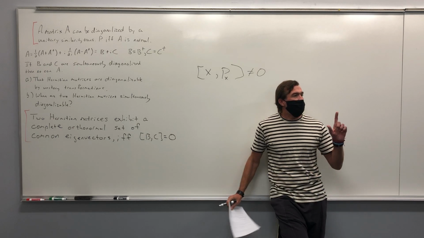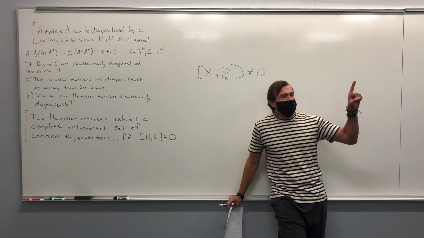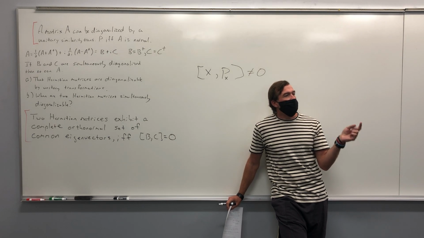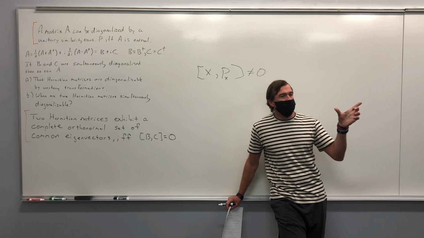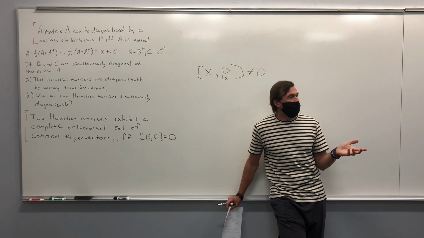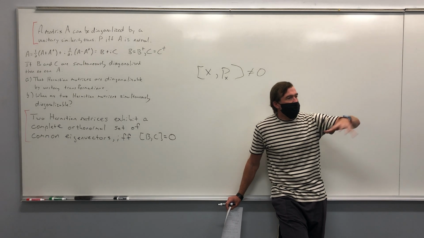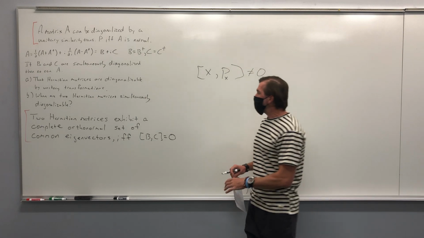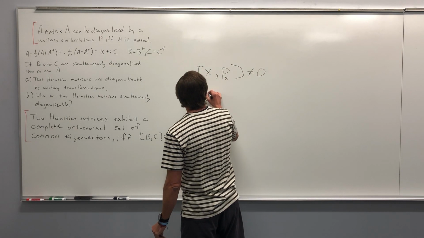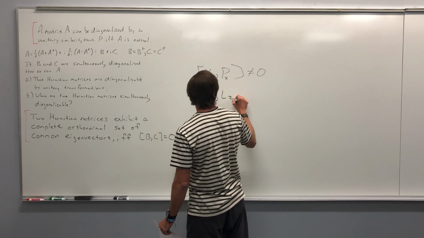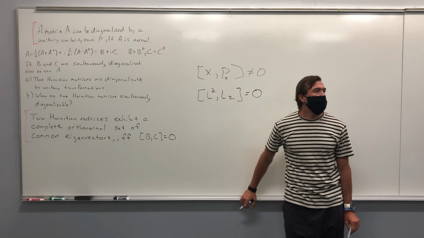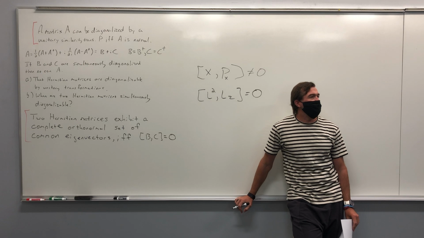And this is why if you're a vector along a basis at x, that's necessarily a superposition along p. And if you're a basis vector along p, that's necessarily a superposition of x. I'm trying to stir your quantum memory. But what is important is when you have operators in quantum mechanics which do commute.